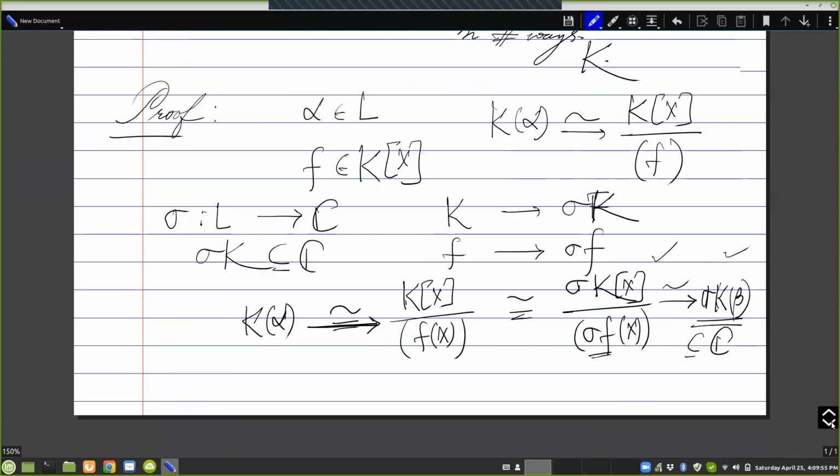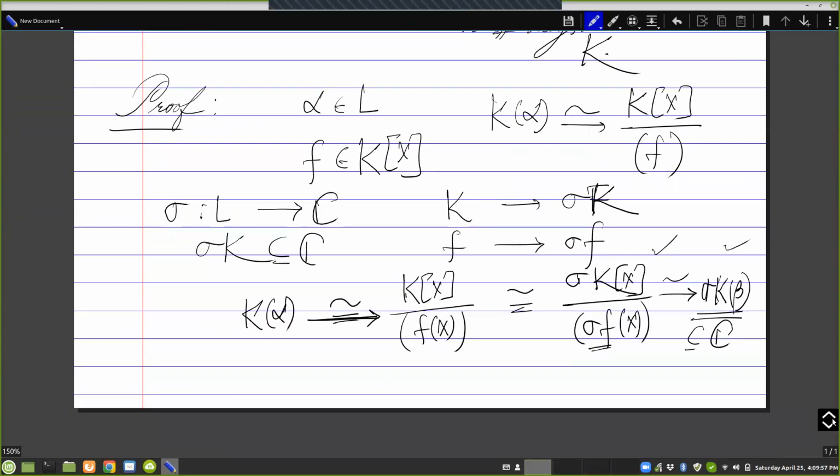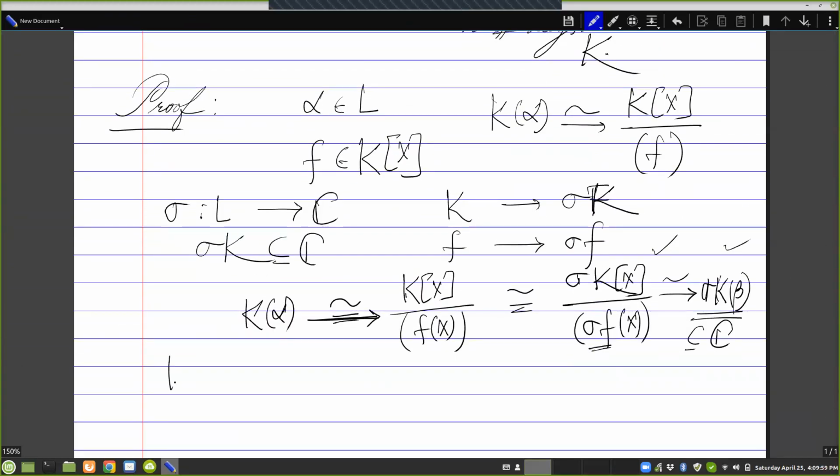Now let's concentrate here. Indeed, we have an embedding of K(alpha) inside C, and this embedding sends alpha to x bar, and here x bar goes to again x bar, because sigma of 1 is 1, and then here x bar goes to beta. So there is an embedding of K(alpha) in C which sends alpha to beta.